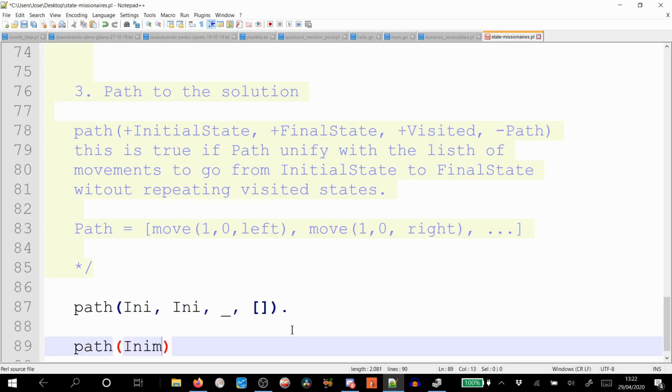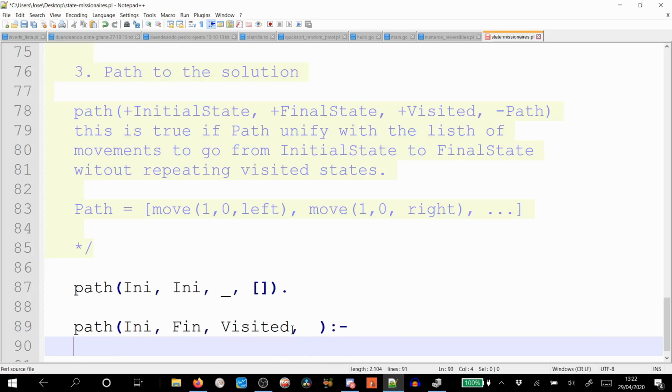From initial state to final state with a list of visited. Let's leave the result to the end. Let's try to find a movement.